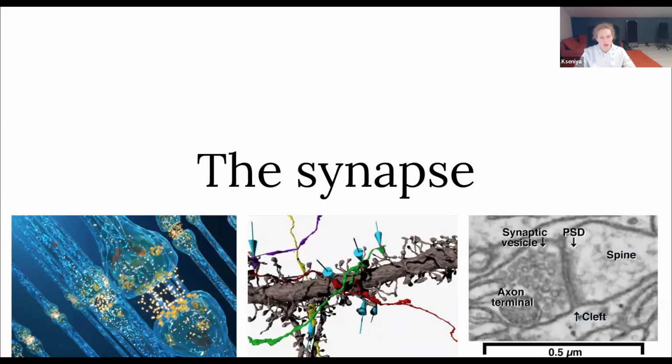The next thing you should be aware of is how the synapse works. The synapse is a connection of 2 neurons.